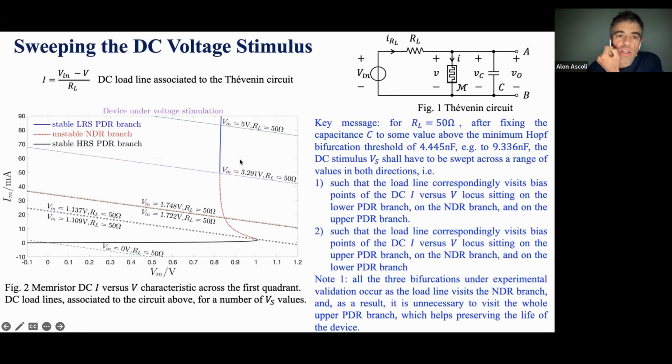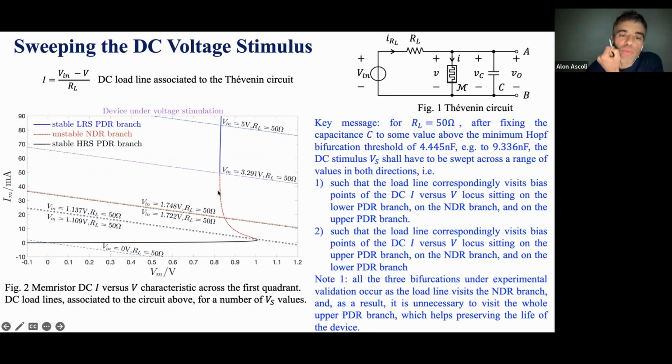And so what we did is we fixed, just to give the focus point, the bifurcation analysis that reproduces the Hodgkin-Huxley diagram. So we kept the capacitance fixed. Of course, we have a theory by which we choose the parameters of the memristor and of the capacitance.